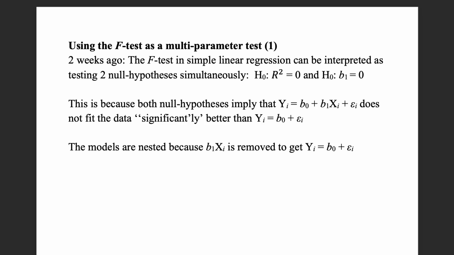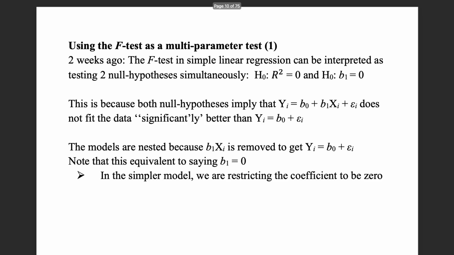If you take out the b1x part, then you're just left with yi equals b0 plus an error term. In other words, the value on our dependent variable is equal to the mean plus the deviation score to that mean. So these are already nested models.